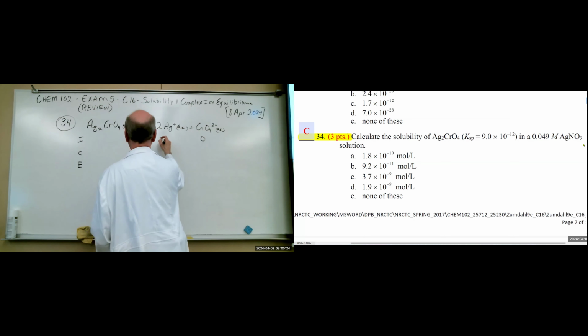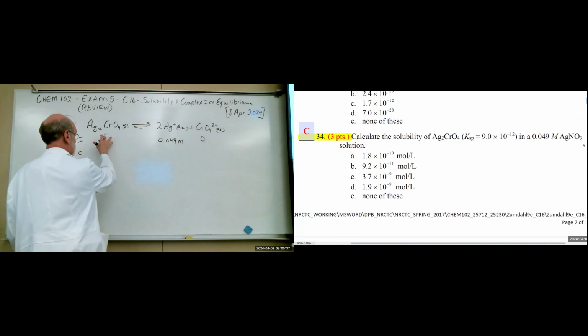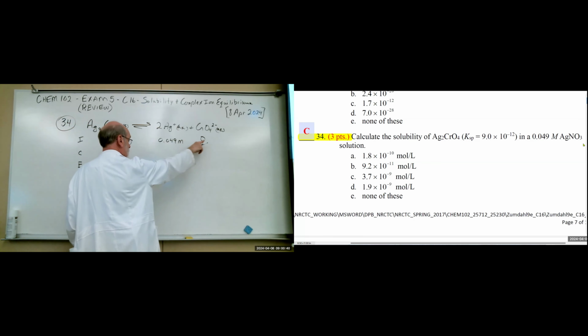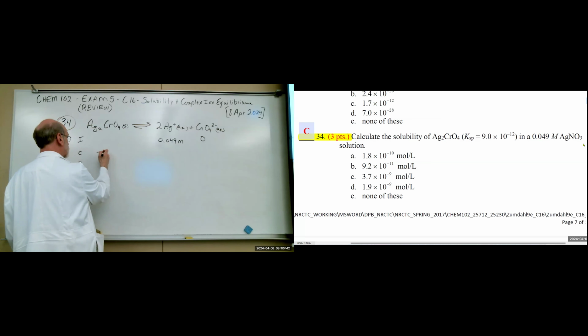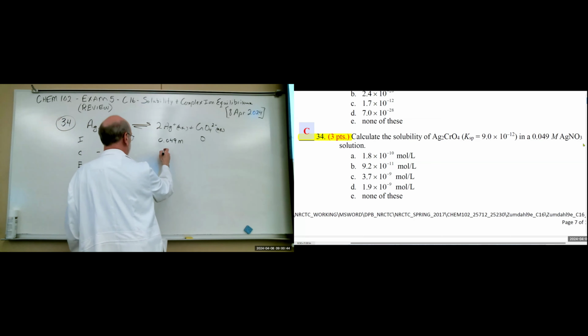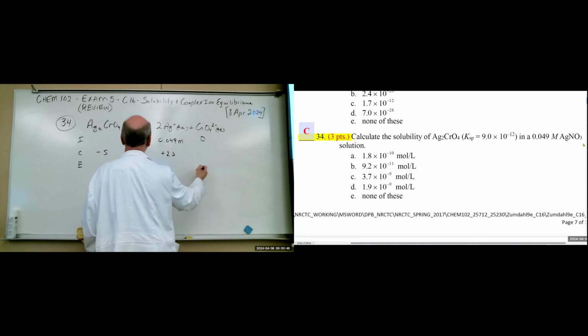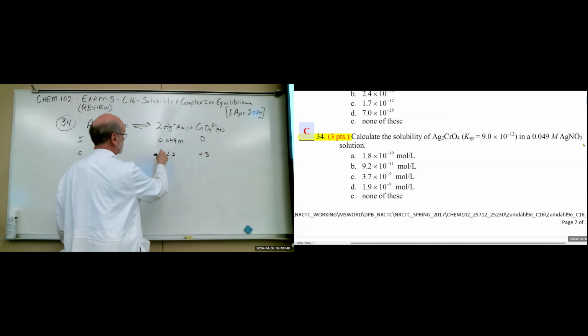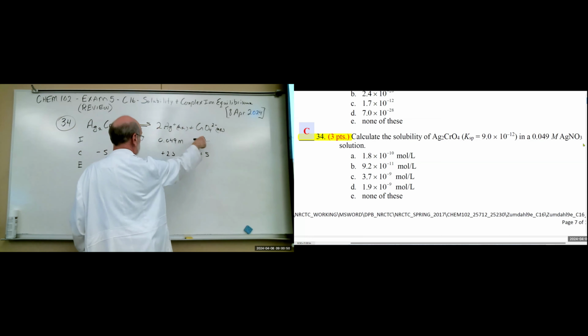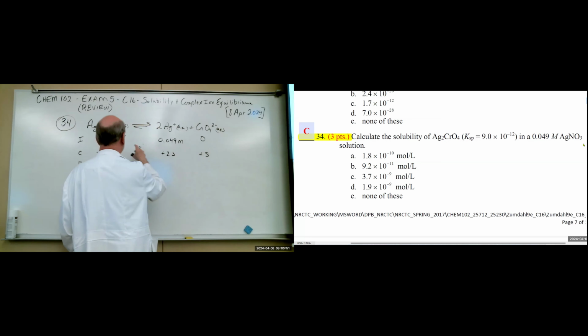Because silver nitrate is 0.049 molar, and each mole of silver nitrate makes 1 mole of silver, so it's the same concentration. So now we're still going to go that direction because that one's 0. That means we lose one of these, and we get 2 of these, and we get 1 of these. Stoichiometry says 2 and 1.